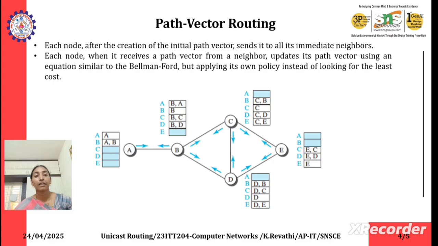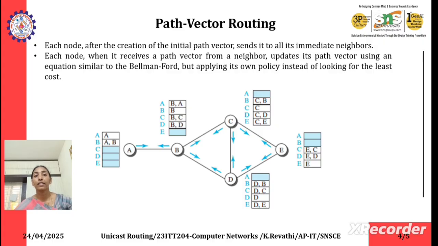Here A is one of the systems, and its immediate neighbor is B, and B is one of the systems available in the network, and C, D are the immediate neighbors of B. C's immediate neighbors are B, D, and E, and D's immediate neighbors are B, C, and E. Here, each and every node in the system will maintain a routing table in order to find the best path between the source and destination.